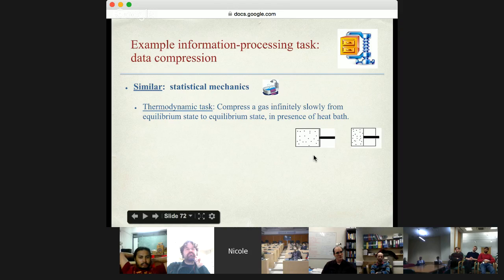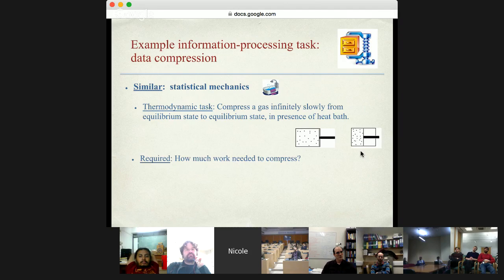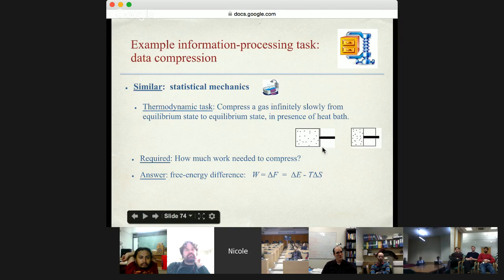Suppose that you compress the gas very slowly, quasi-statically, from this volume to that volume. Again, we would like to know the efficiency with which this process can be performed. That efficiency is given in terms of the work that's required to compress the gas. How much work do you need to perform? It's the difference between the free energies of these two states. And by free energy in this case, I mean the Helmholtz free energy. We can generalize to other free energies in other thermodynamic situations. That's given in terms of that entropy we were just talking about.